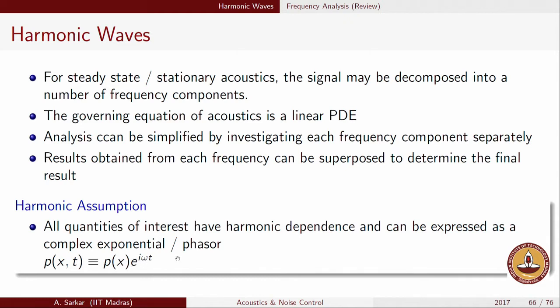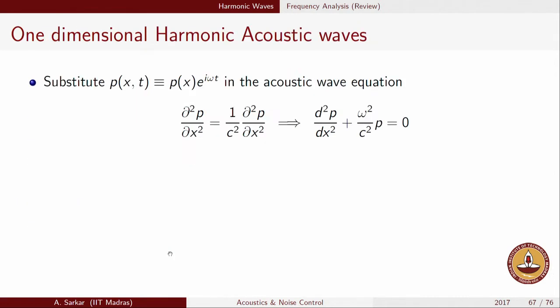Same holds true for velocity, same holds true for density. Whatever we wish to analyze, any variable of our interest will boil down into this form. The variable will be dependent on the spatial location, but the temporal dependence will be simplified in the form of a complex exponential. That is the harmonic assumption for you.